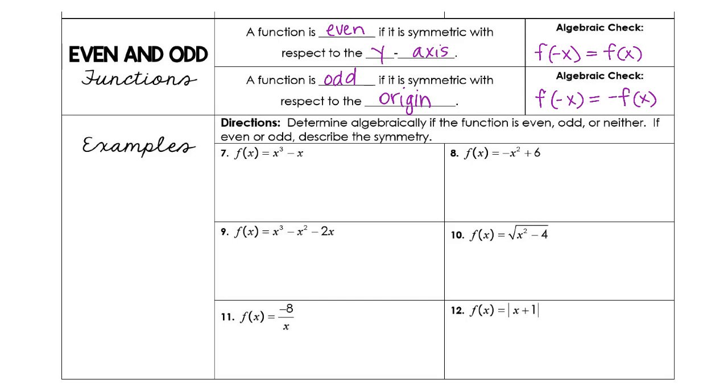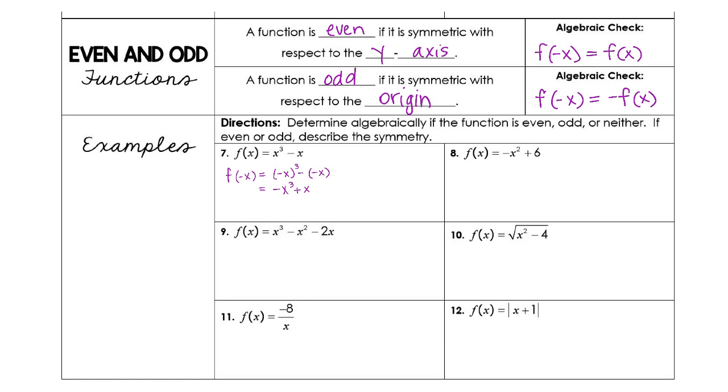Notice that for both of these we would sub in f at negative x. So I would have negative x raised to the third power minus a negative x, and we do need to simplify that down. So that's going to be negative x cubed plus x. Now we need to compare that to the original and see what happened.